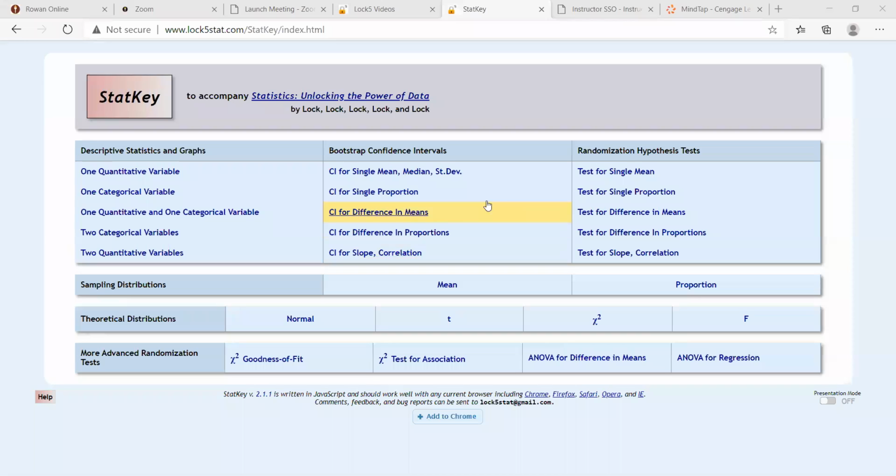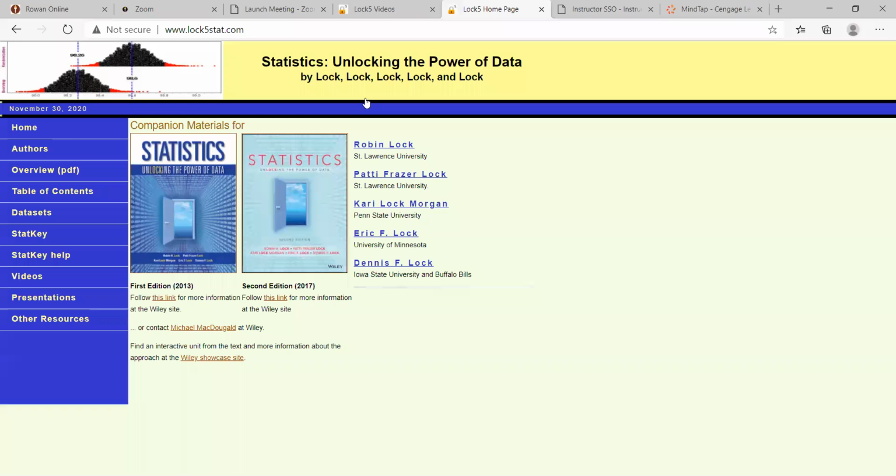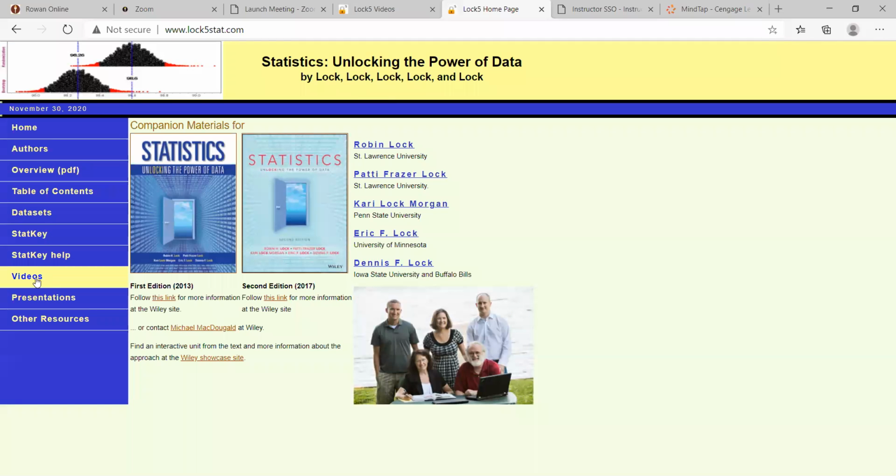But remember, to get the StatKey, you just type into your browser StatKey, and then you'll see StatKey Lock, and then you come to this website here. Now, to get to the videos, so we're going to be working in this third column on Wednesday. Don't worry about it for now. I'm going to show you where to find these videos again. So we just click here, and then videos along the left-hand side.